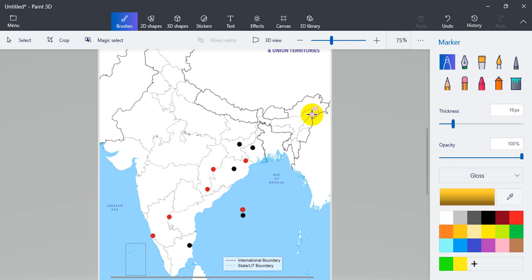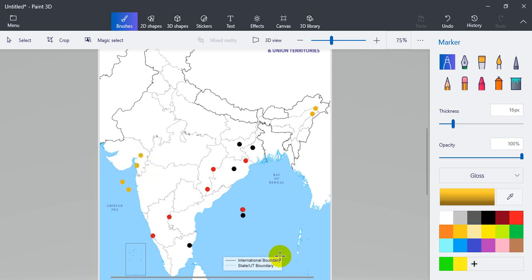Then directly we will move to the offshore oil fields. Number one, Bassein, and a bit closer to the coastal part is Mumbai High. And again the two onshore, one is Ankleshwar and one is Kalol. Just below the Tropic of Cancer, this is Kalol, and adjacent to it is Ankleshwar.